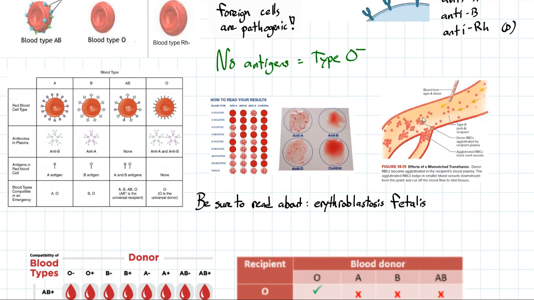Your red blood cells will have some of these markers, or all of them, or none. And the opposite is going to be present in the plasma of your blood. If you have A or B or Rh antigens, you cannot have the corresponding antibody in your plasma, or else your own blood would coagulate, agglutinate, clot, clump, cause blockages.